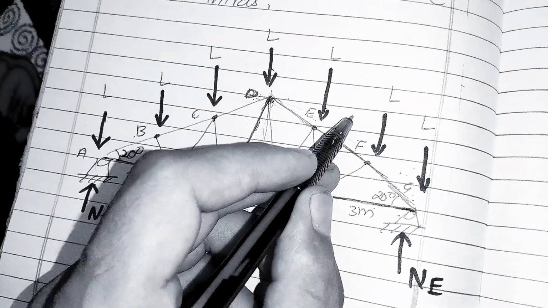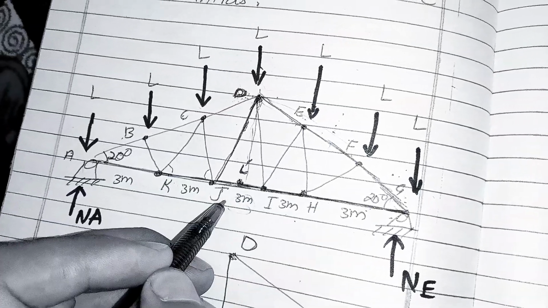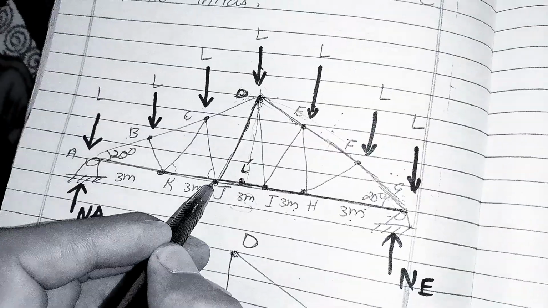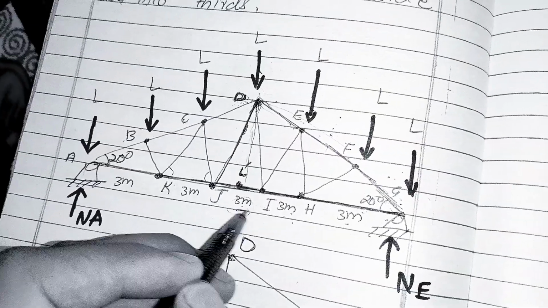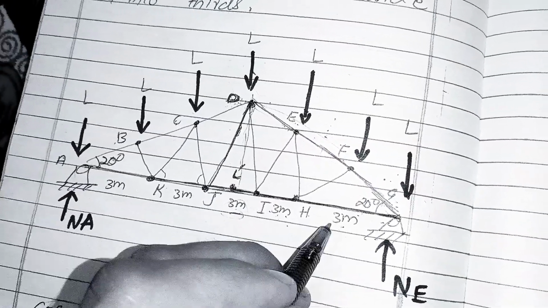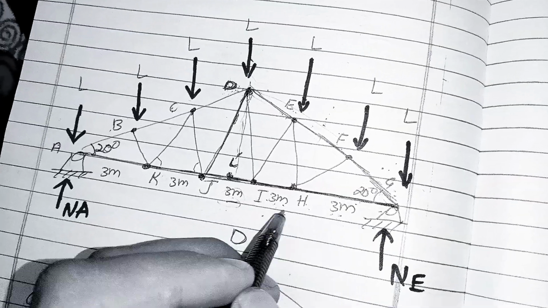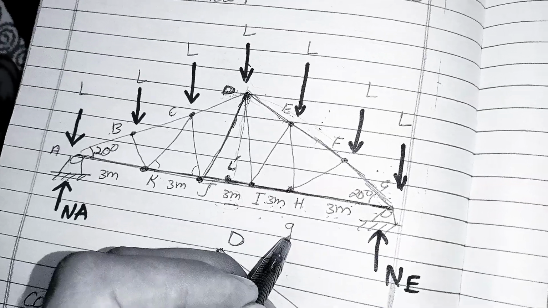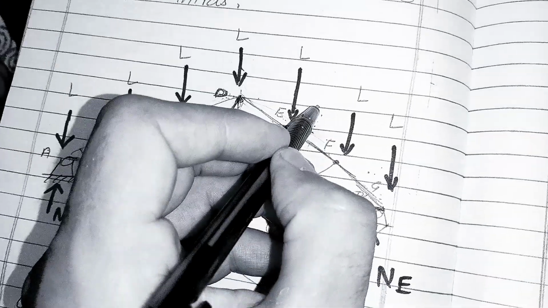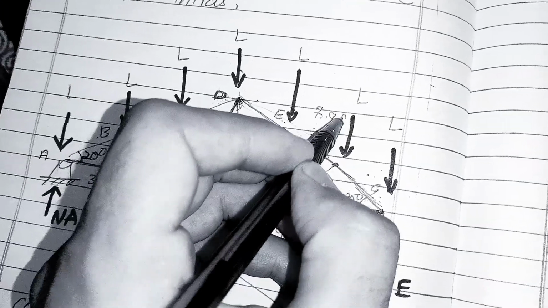This length is known to us, 7.98. This whole length from D to G is 7.98. This will be the hypotenuse, and this is also known, which is 9 meters. J to I is 3 meters, I to H is 3 meters, and H to G is 3 meters; three 3s are 9. This is known to us, 9, and this is also known, 7.98.